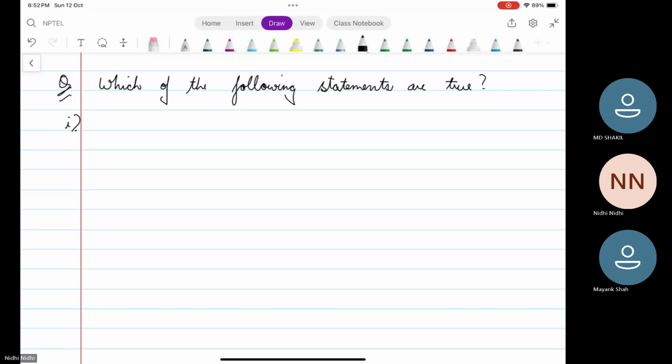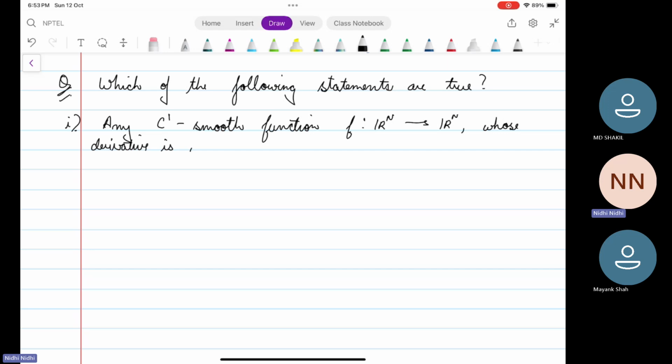First one: any C1 smooth function f from Rn to Rn whose derivative is invertible everywhere is an injective map.